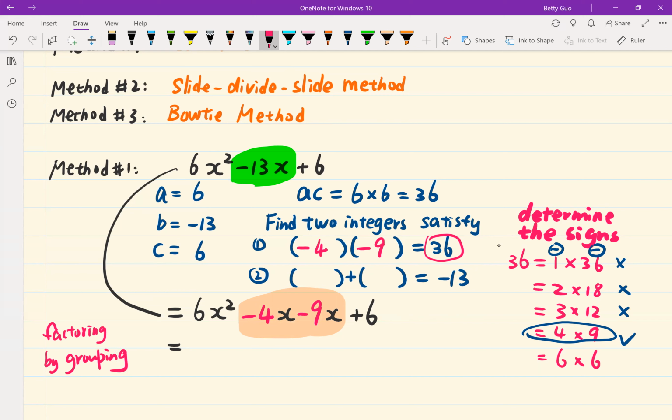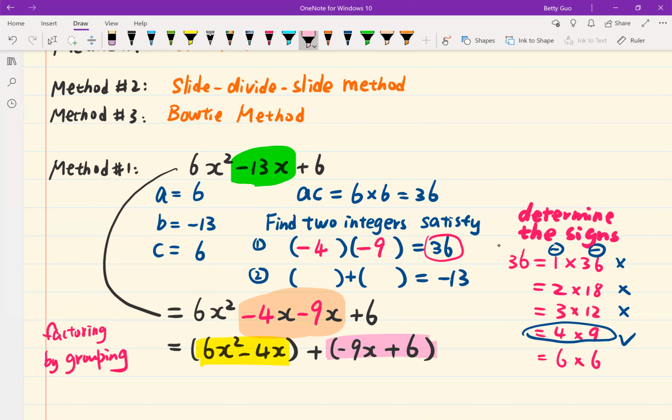Most of the time, it works. So we are going to put the first 2 terms together, 6x squared minus 4x. First two terms, group 1. The last 2 terms, term 3 and term 4, is going to be group 2. That is -9x plus 6. Be careful with the sign. We can color them. We can color the first group yellow, the second group pink.